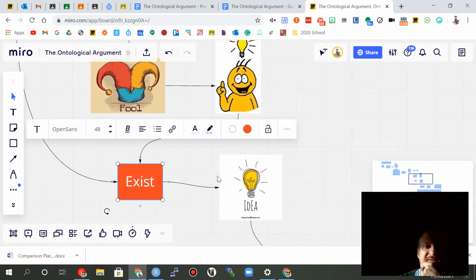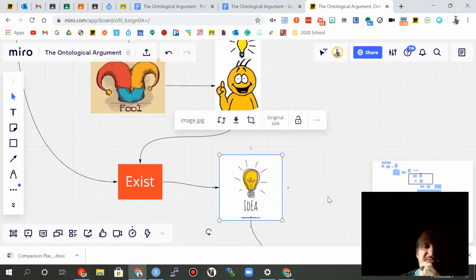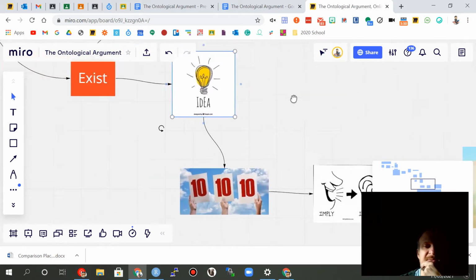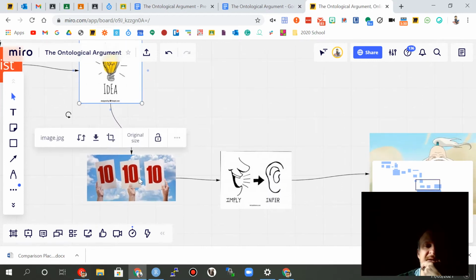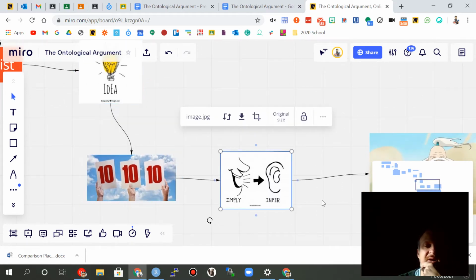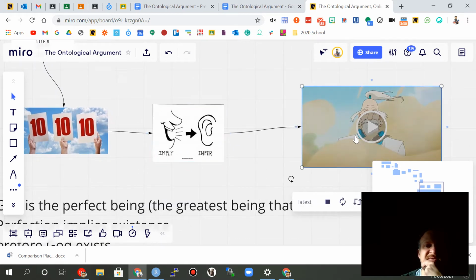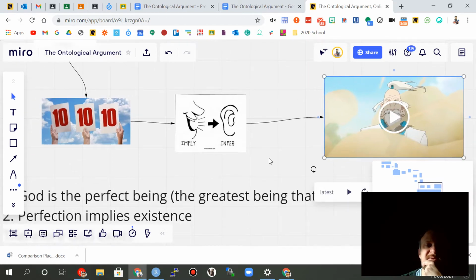So, therefore, he uses this definition to prove that God exists because, and this is really, really important, if you are at the very highest state of perfection, then you need to exist.